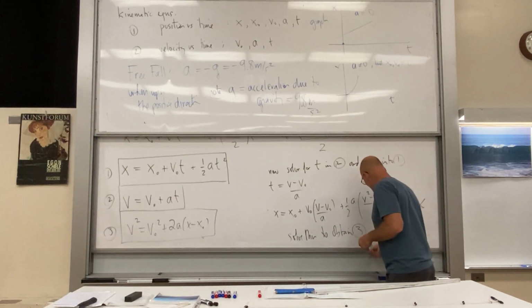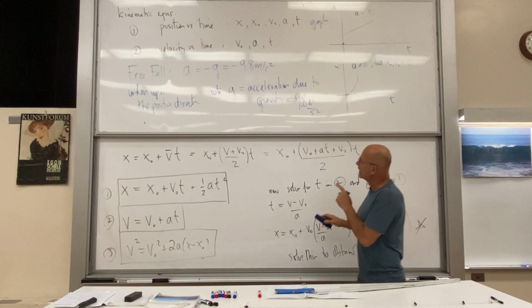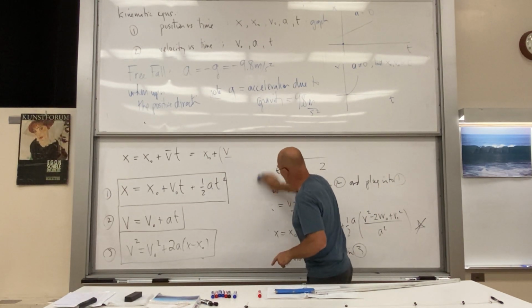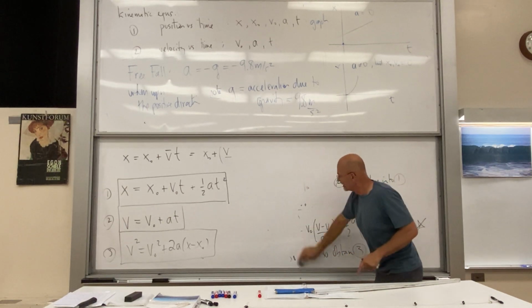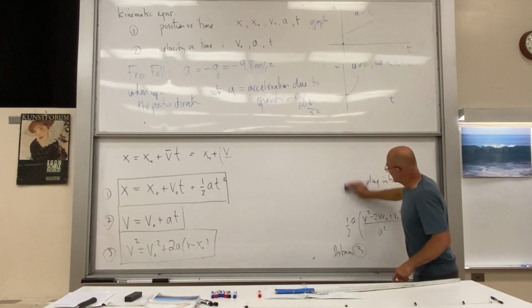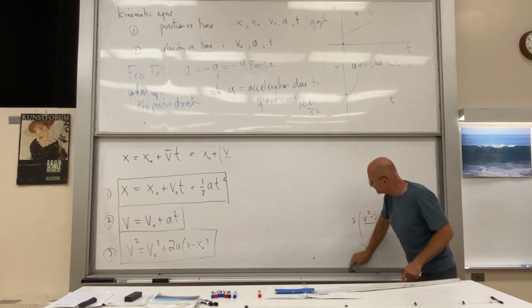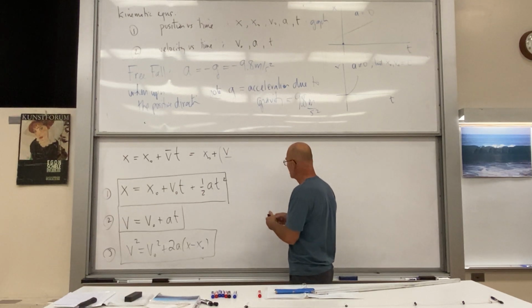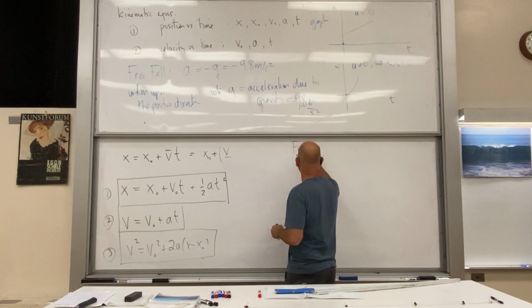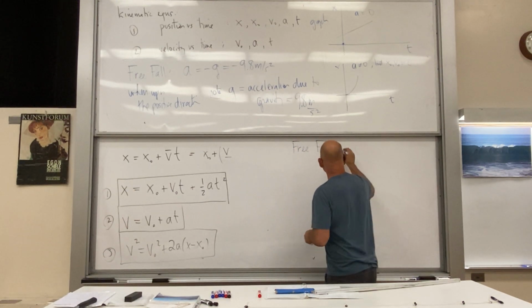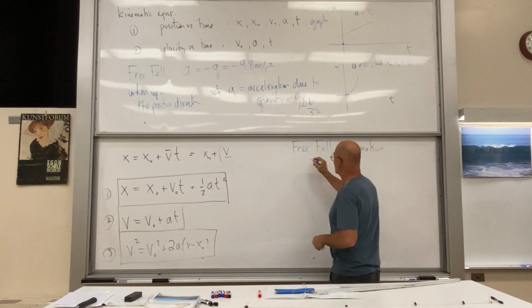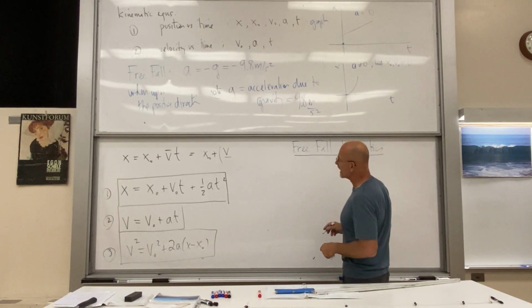And the last thing I'll write up for today is these kinematic equations when we have g equals 9.8 meters per second squared pointing down. So these will be the free fall kinematic equations. Go ahead and write free fall kinematics. And then we'll get a ton of practice with these.